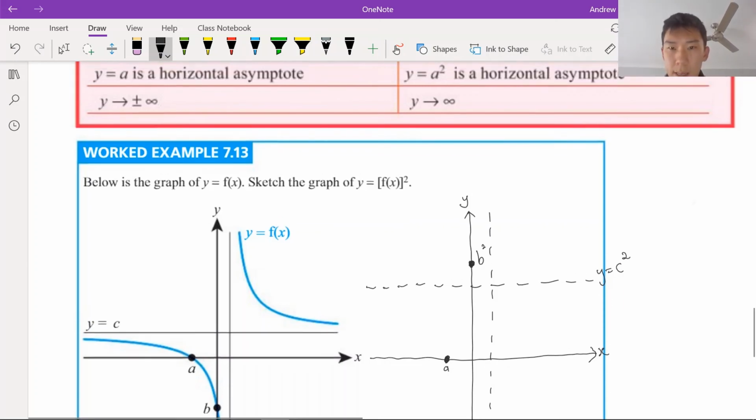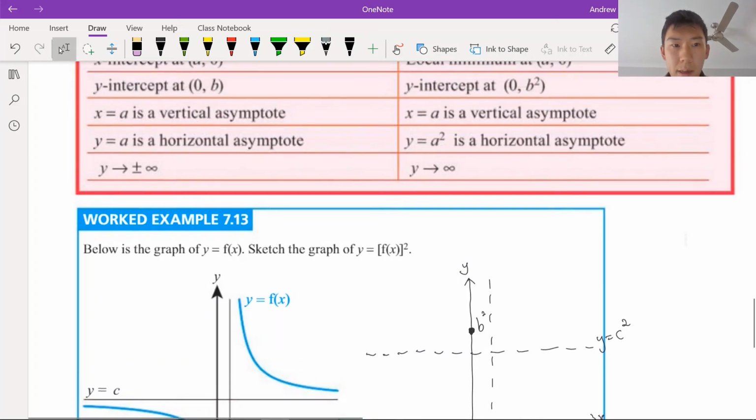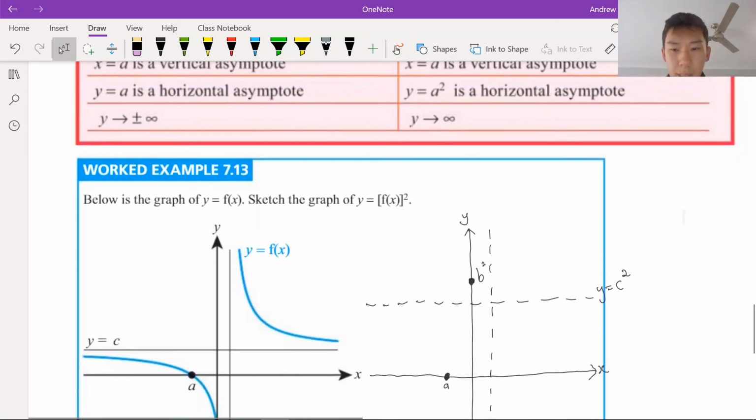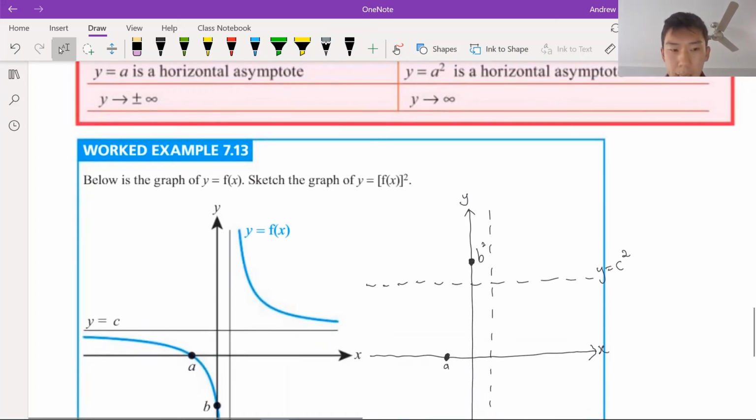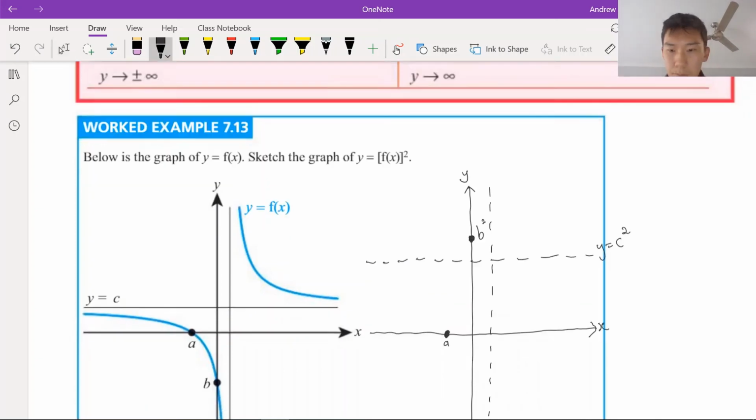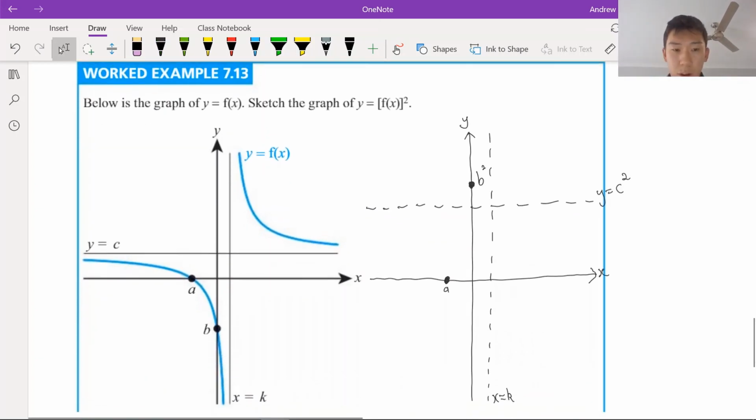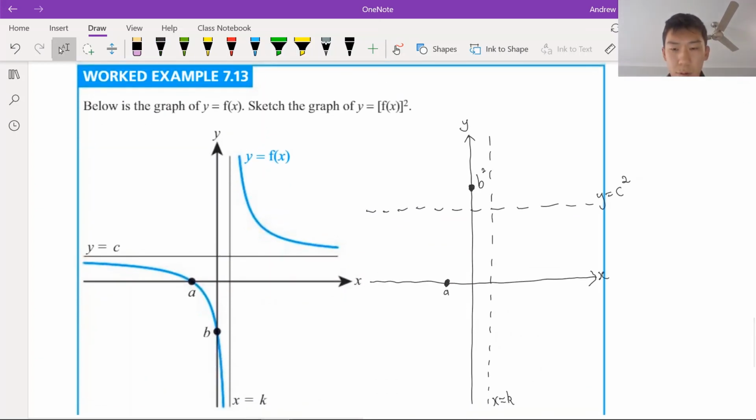Alright, and then let's try to sketch this thing. Any part of the original graph below the x-axis we're going to have to reflect, right? So if A is our turning point, we've got our asymptotes in these spots, and it has to pass through our y-intercept of b squared, then it has to look something like this.